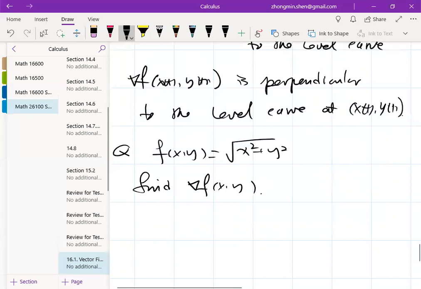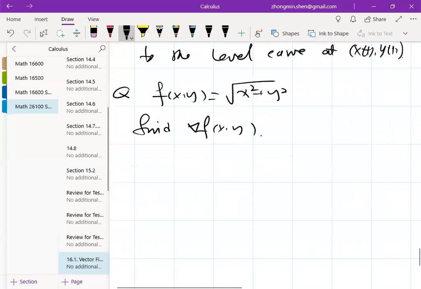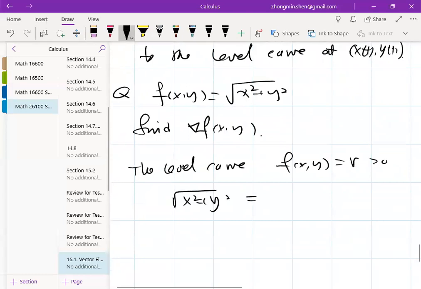Now, before we solve the problem, let's see what we can get. So how does the level curve look like? The level curve f of x, y equals r, positive. Let's use a positive value. f of x, y equals r means square root x squared plus y squared equals r.